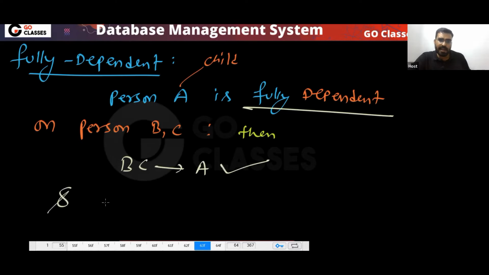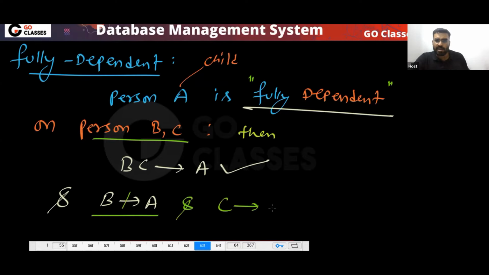And can B alone determine A? Alone, B cannot determine A, because A is fully dependent on B comma C. So you can notice BC will determine A, B cannot determine A, and C cannot determine A. Is this point clear?